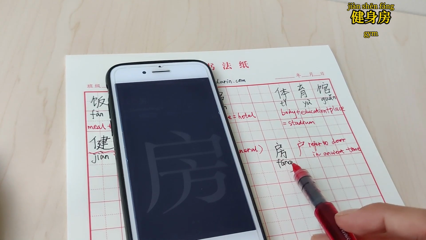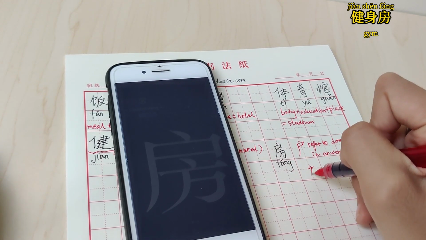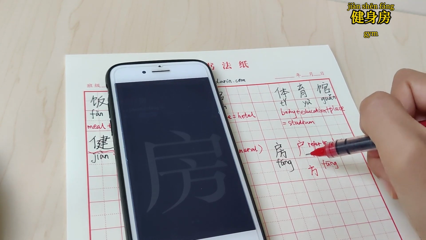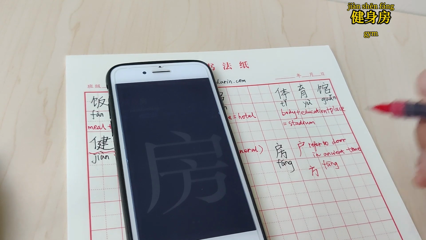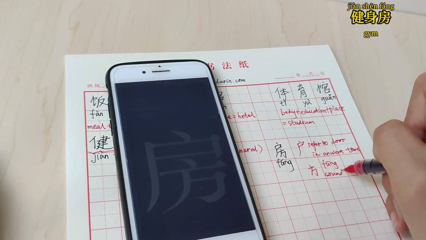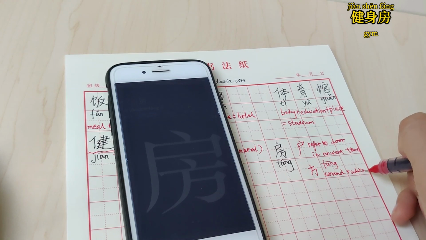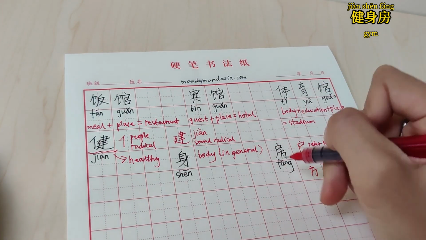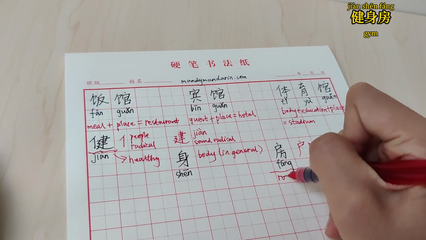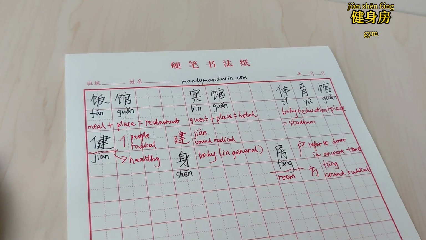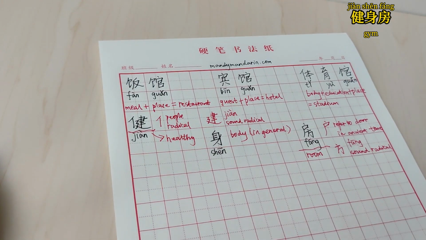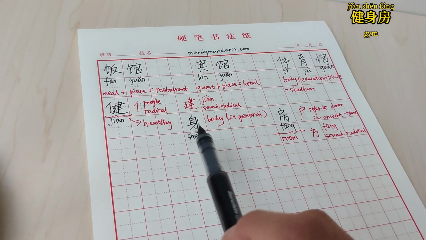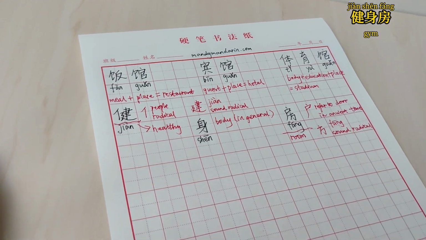Underneath this one, this is 方. So 方 and 房, it's a sound radical. Very good. Okay, and the 房 itself means room. So let's write the word 健身房 all together. 健身房.